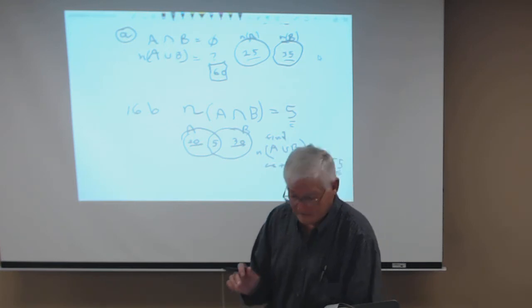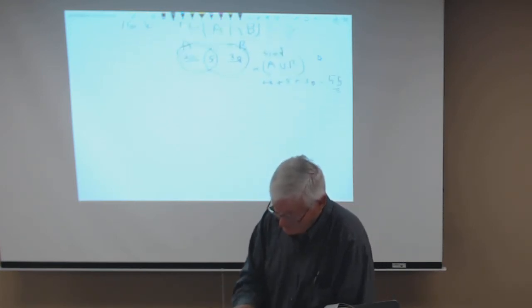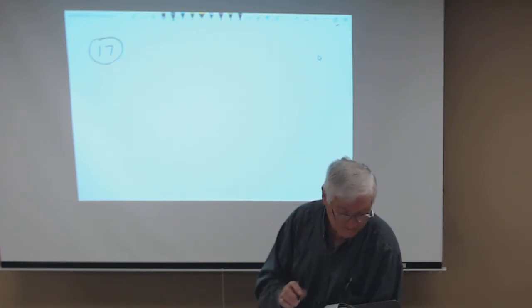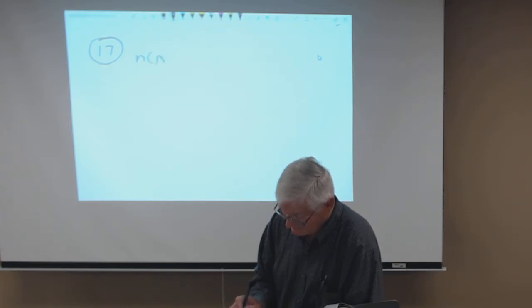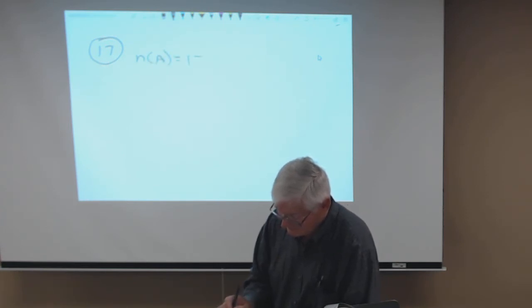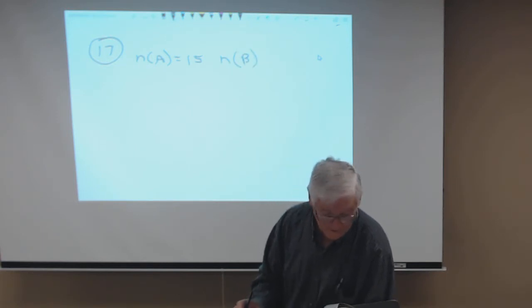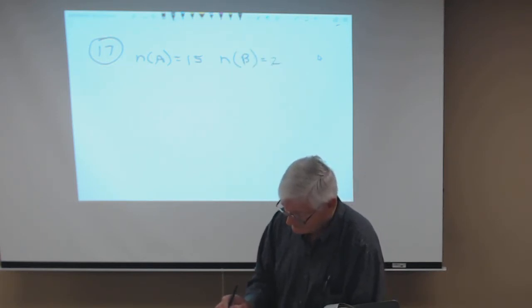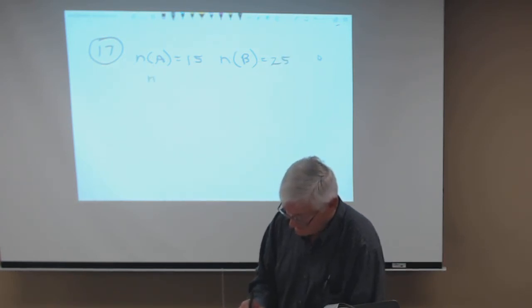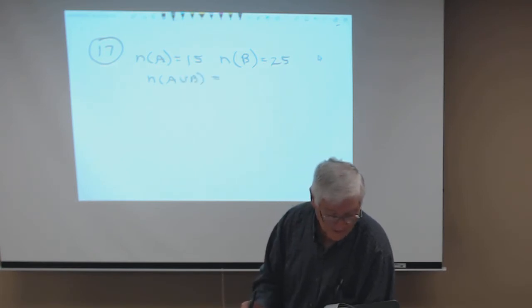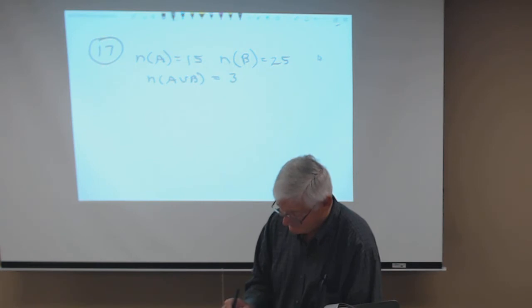Number 17. Let the number of elements in A be 15. The number of elements in B is 25. The number of elements in the union of A and B is what? 35.